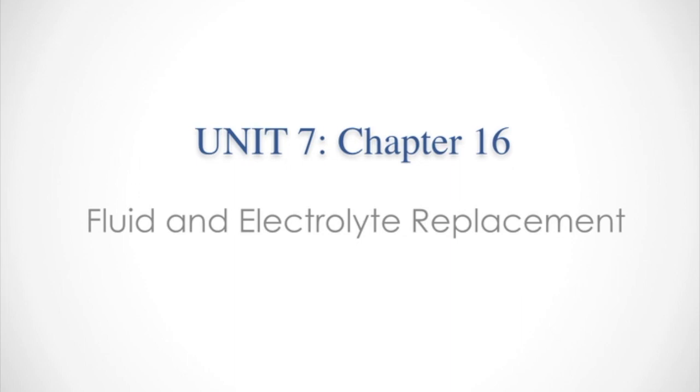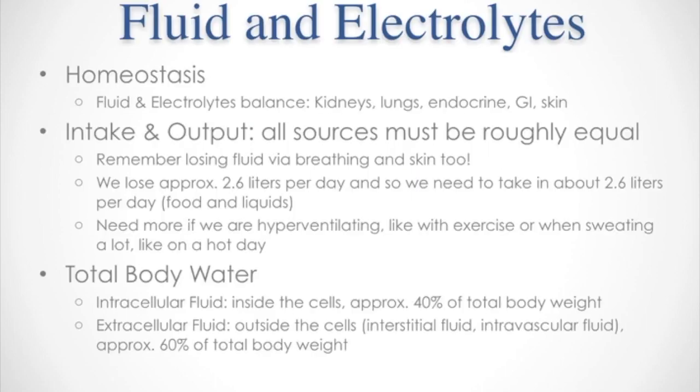Welcome to Unit 7, and our first chapter for this unit is Chapter 16, which discusses fluid and electrolyte replacement. The first concept we need to talk about is the overall control of fluid and electrolytes in the body, and that balance is maintained by the kidneys, the lungs, the endocrine system, the gastrointestinal system, our skin, et cetera.